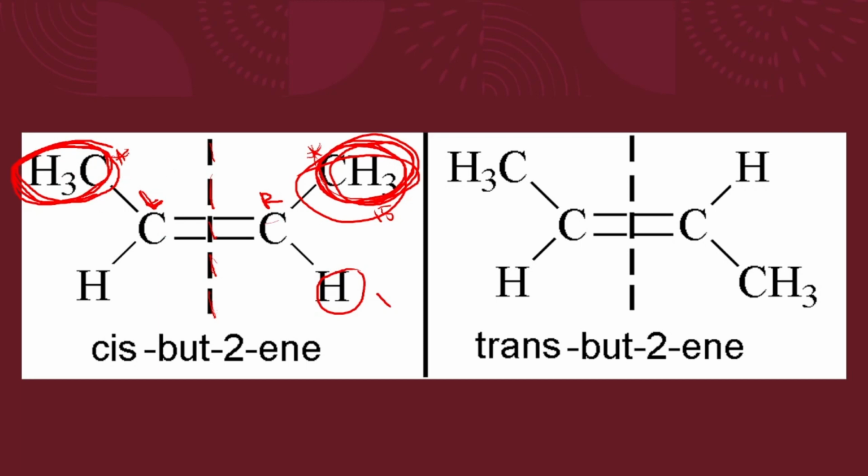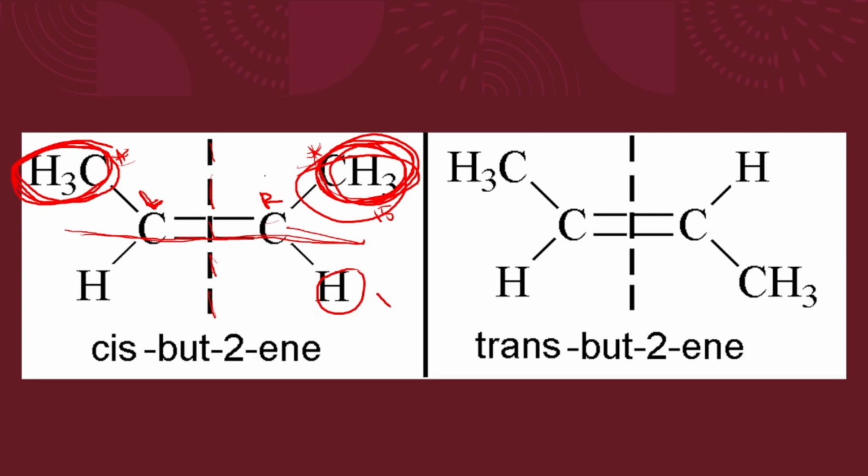Then let's check the two groups of the higher molecular weight on both carbons. Are they on the same side of the double bond or on different sides? So I have to draw an axis or a line like that, and check whether the two groups of the higher molecular weights are on the same side of the line or on different sides.